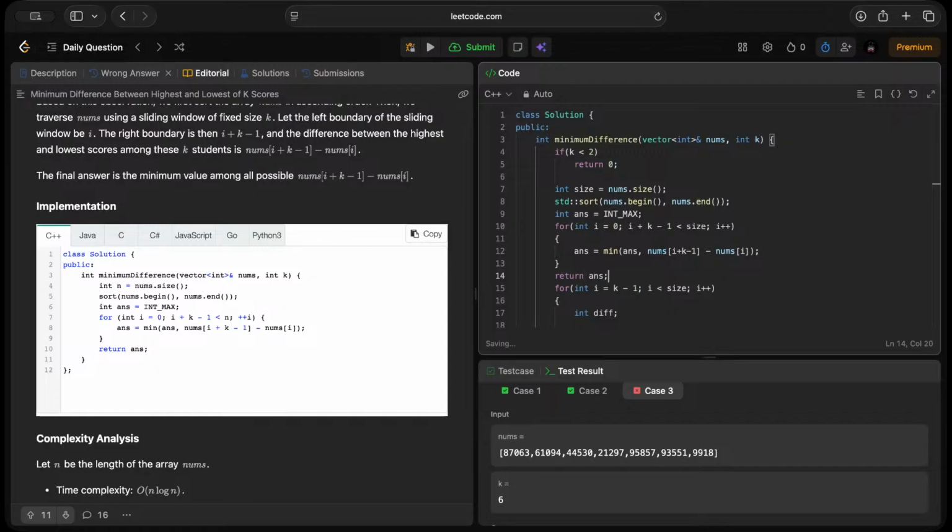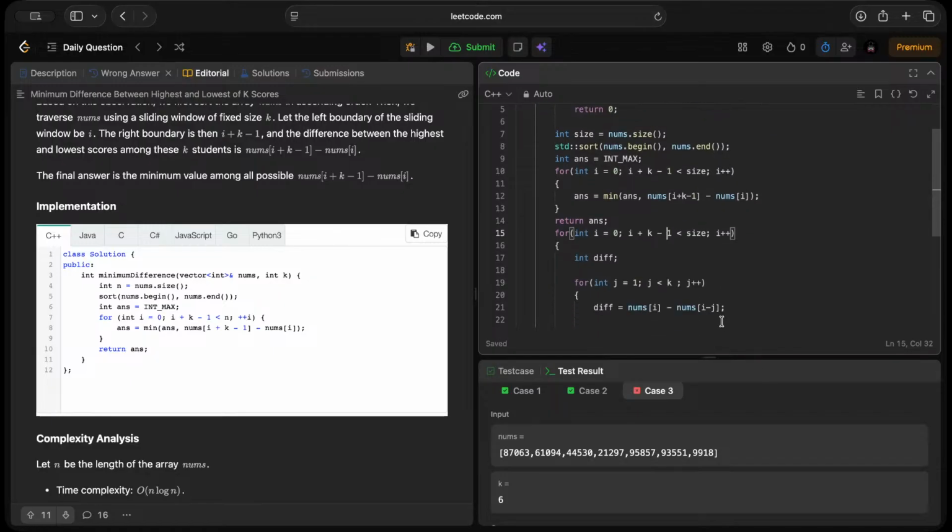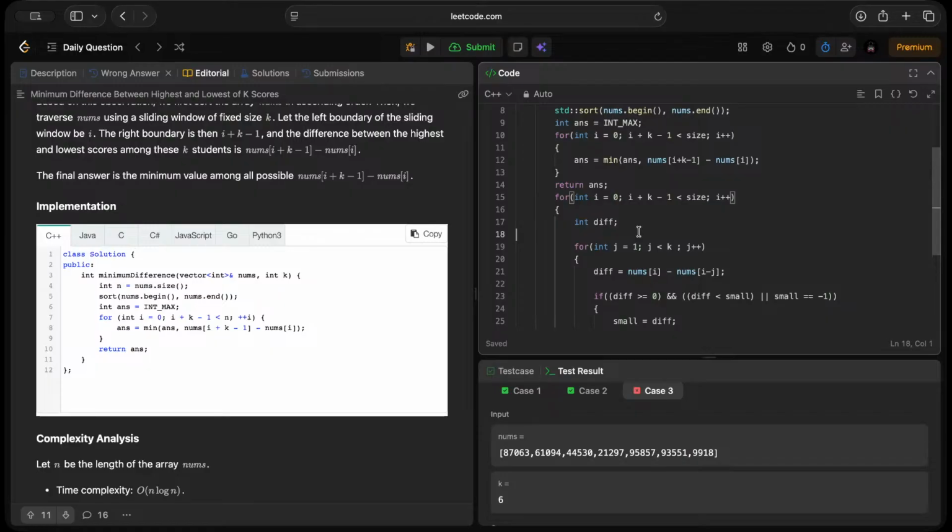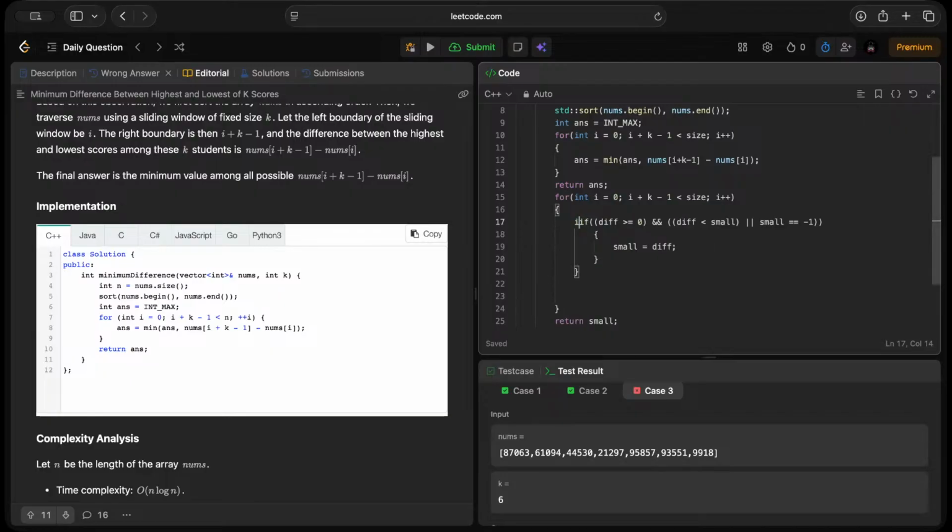So I was close here. So instead of that, we're going to have 0, then i plus k minus 1 less than size. Then I guess it's because we don't need to have that second loop.